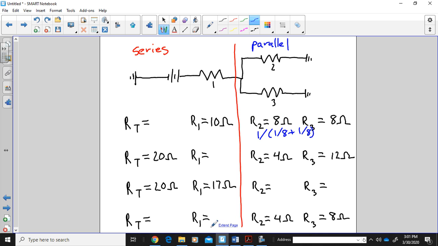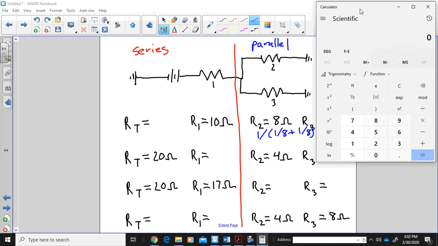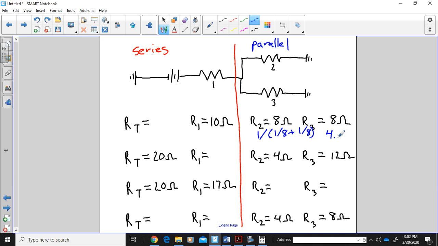And calculator. I'll run through the calculator. Alright, so 1 divided by parentheses 1 divided by 8 plus 1 divided by 8. Oops, 8 close parentheses equals, so we get 4 ohms total over here.